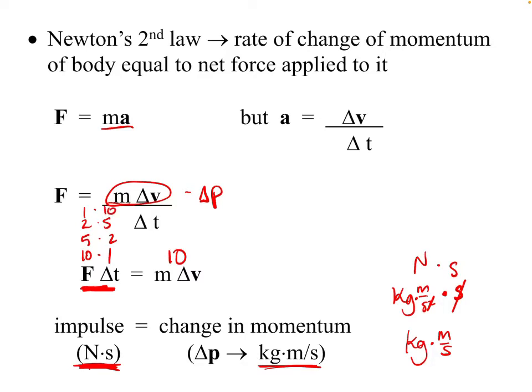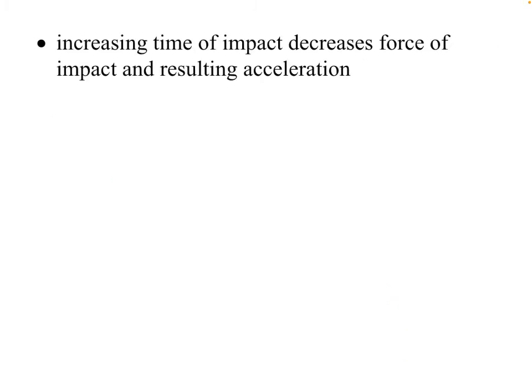So applying 10 newtons over 1 second is still going to have a change in momentum of 10 kilograms times meters per second. But we can also apply a 1 newton force over 10 seconds, which is a very different thing. And so that's why it's really important to look at this force times the change in time, because when you increase the time it takes, but you're still not changing the change in momentum, then you have to decrease the force.